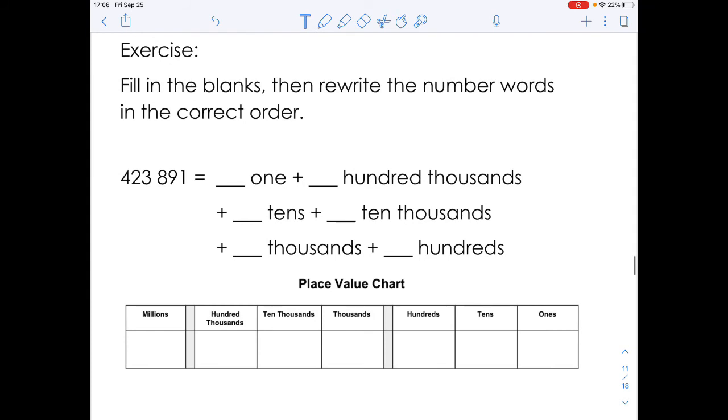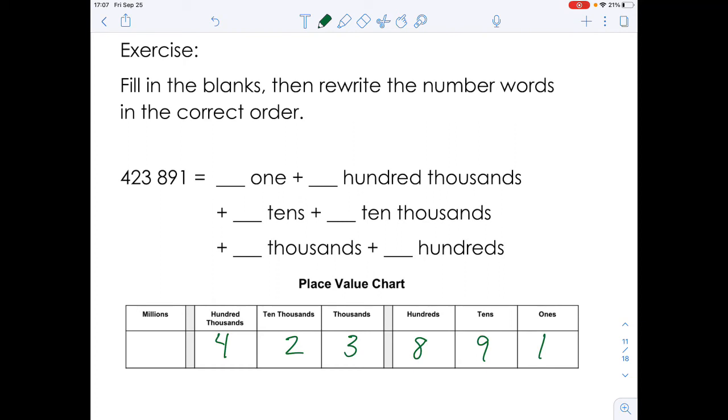All right, fill in the blanks, then rewrite the number words in the correct order. So in order for us not to get tricked, it probably makes sense to use the place value chart since everything is kind of jumbled up here. So first, let's write our number. We have 423,891.